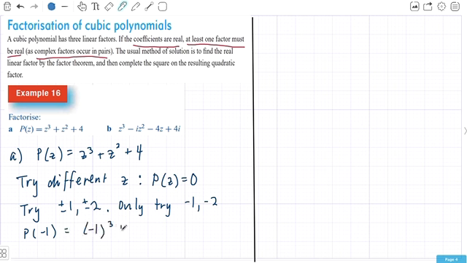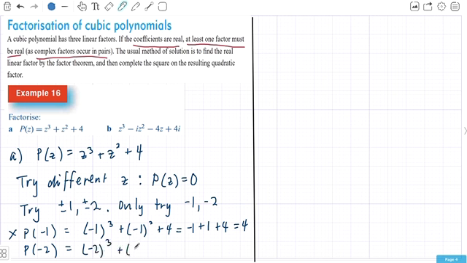I'll put negative 1 in, so you can see I'm using brackets around it just to make sure I don't do anything wrong with the signs. Negative 1 cubed is negative 1, negative 1 squared is 1, plus 4, and that's going to be 4. So that's not going to work for us because we want to have our solution as 0 here. So let's try with negative 2. Now you can probably see if I put negative 2 in here, I'm going to get negative 8.